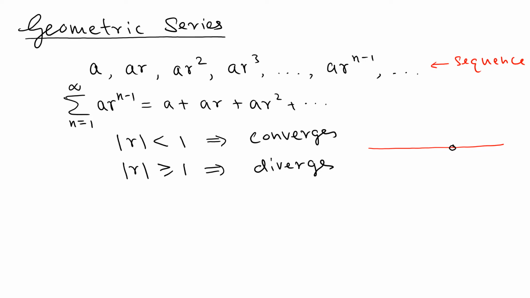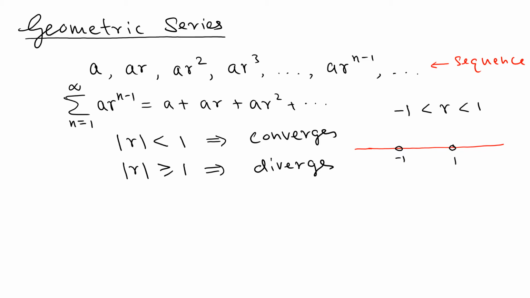The absolute value of r less than 1 means r is in between two values, 1 and negative 1. So the size is less than 1, meaning the value is in between those two numbers, negative 1 and 1.